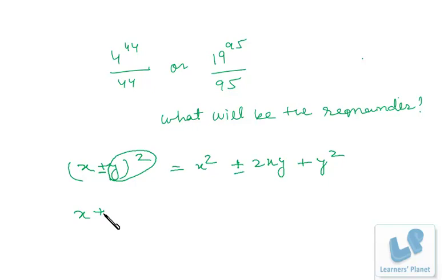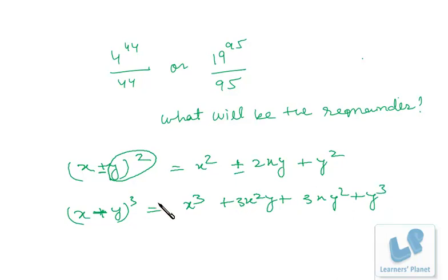And if we extend the same rule to (x plus y) whole cube, then what will happen? x cube plus 3x square y plus 3xy square plus y cube, right?